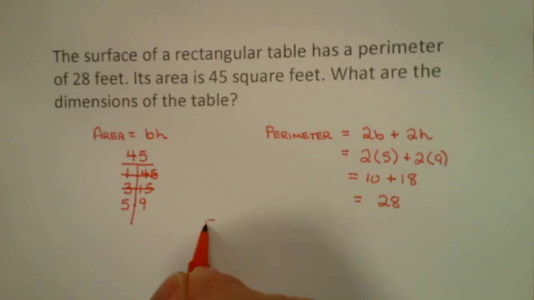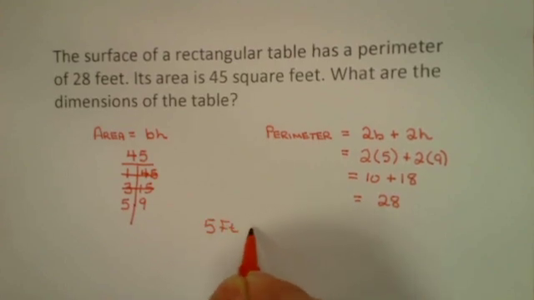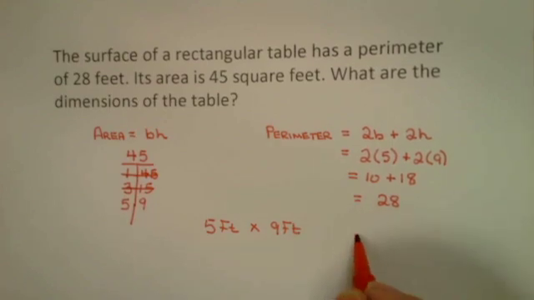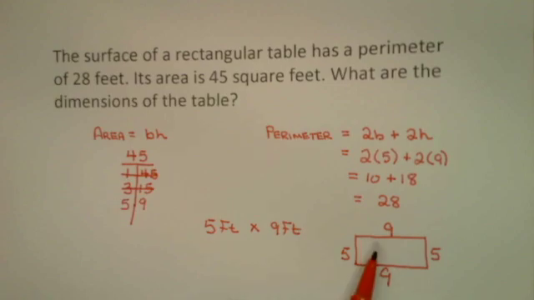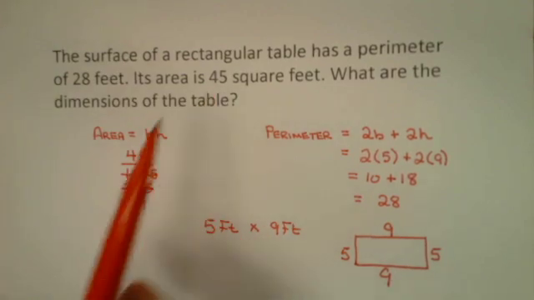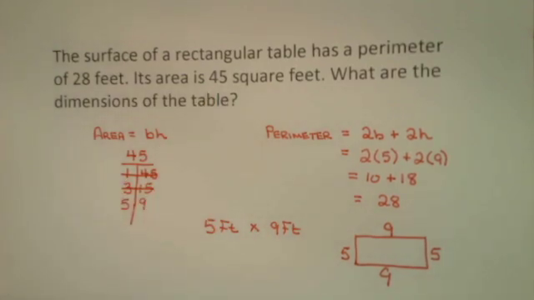This is a 5-foot by 9-foot rectangle. If I have a rectangle, 5 foot here, 5 foot here, 9 here, 9 here. If I add all this up around the lengths, that's going to give me 28. If I multiply 5 times 9, it's going to get me my area.